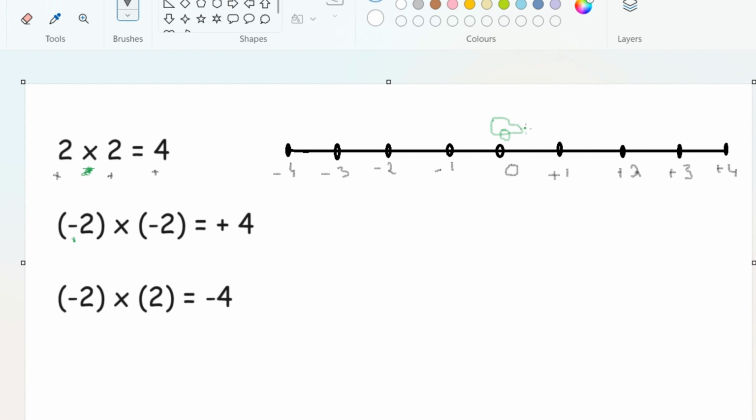The car is here, and then the car got moved from here to here, two places. But this is movement number one. You are supposed to repeat this movement for two times, so you reached this four, and whatever place you reach, that will be the answer. So you reached plus 4.